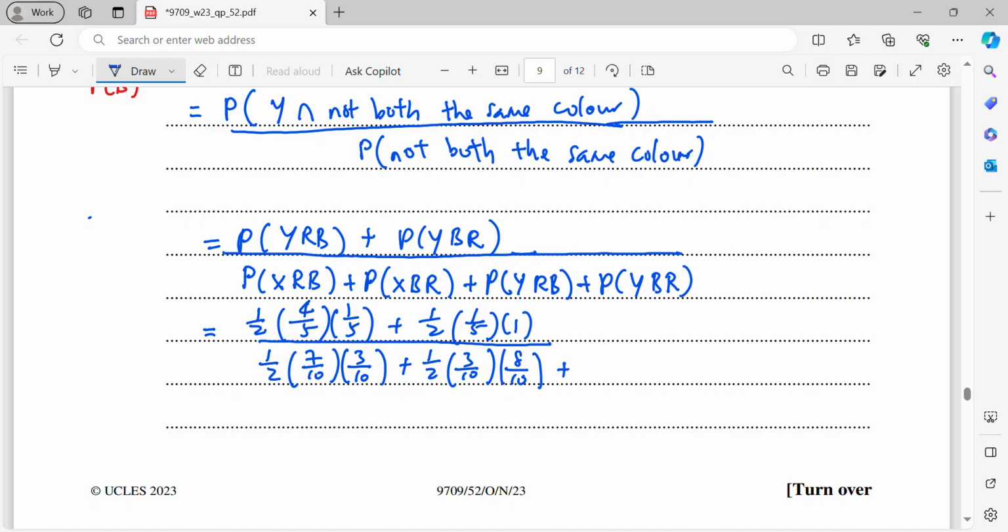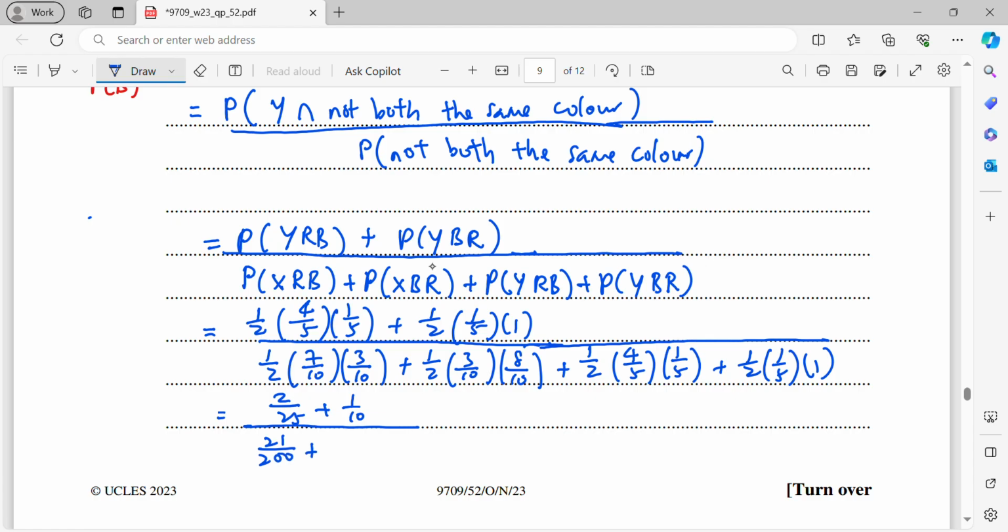Okay, together with the two numerators. Then from here, you will be getting 2 over 25 plus 1 over 10 divided by 21 over 200 plus 3 over 25 plus 2 over 25 plus 1 over 10.